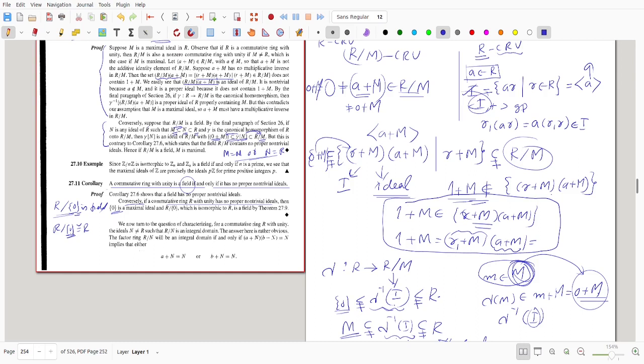So R over the singleton set 0 is isomorphic to R itself. And R over 0 is a field and isomorphic to R, which implies that R is also a field. So this is the proof of this corollary.